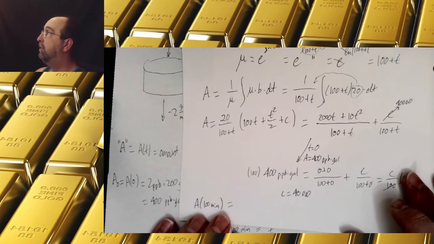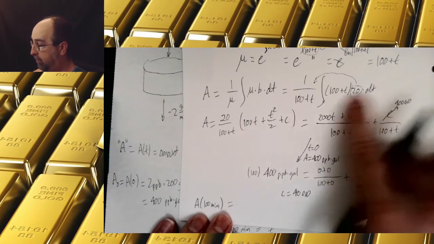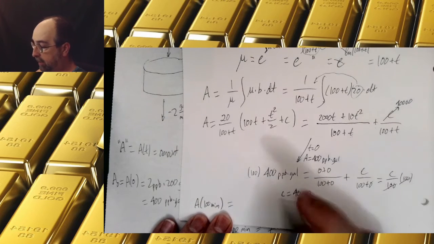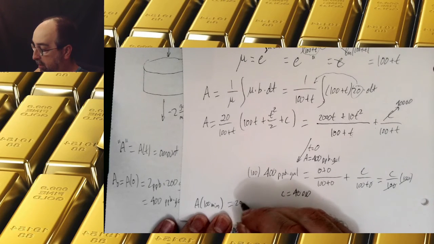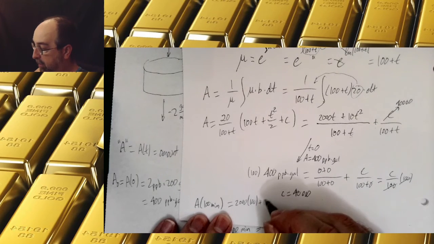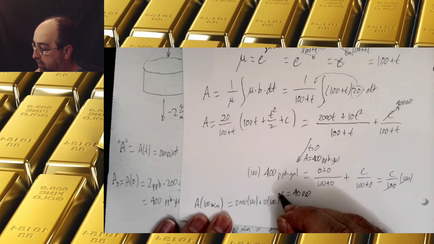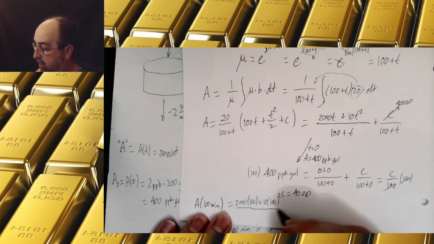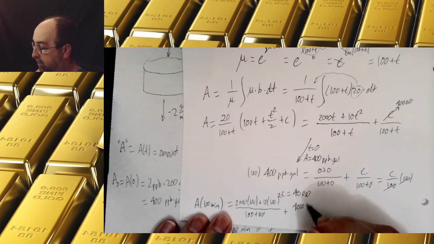So our formula for A is actually this thing with the 40,000 plugged in. And we would get 2,000 times 100 plus 10 times 100 squared over 100 plus 100 plus 40,000 over 100 plus 100.